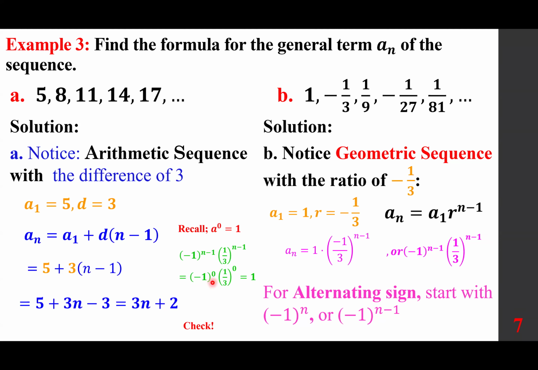Negative 1 to the power of 0 is 1, 1/3 to the power of 0 is 1, and we get 1. That's the first term. I highly recommend you try the second one, class. It's really not that big of a deal. You can do that. Okay. So it's very straightforward, everybody.